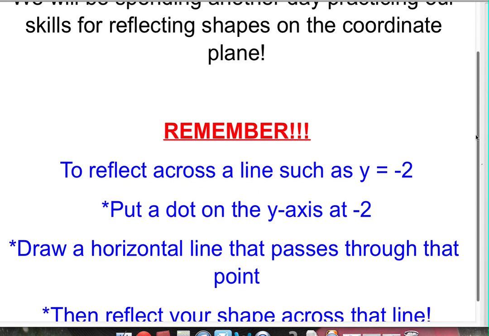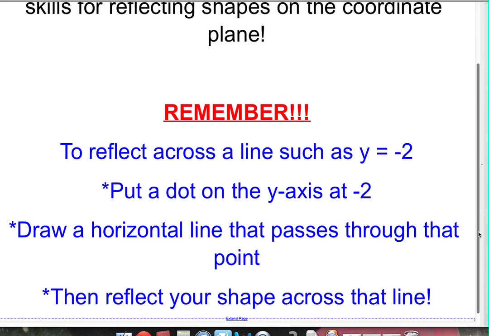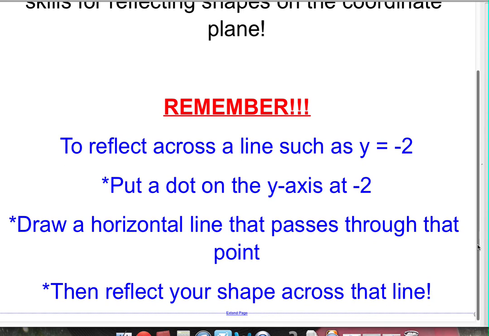If you're reflecting across a line such as y equals -2, here's what you would do. Here's your coordinate plane. Well, my smartboard's a little sleepy today. Here we go. Here's the coordinate plane. There it is.